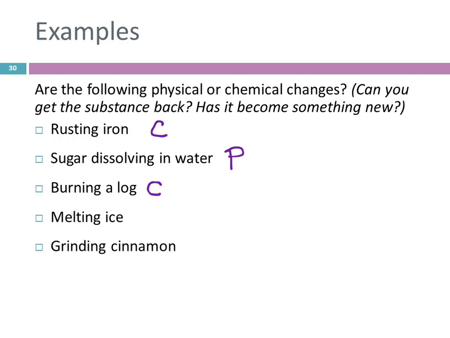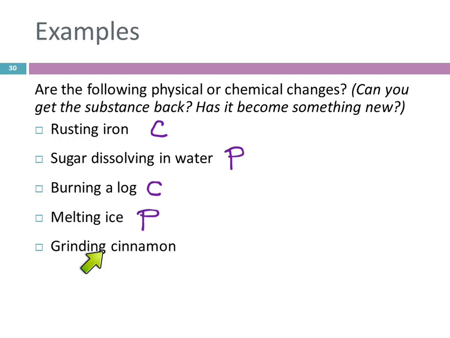You're combusting it, you see light and heat energy coming out, that's evidence of a chemical change, and also what's left is very different than what you had before. How about melting ice? Physical. Anytime you see the name of a state change, melting, boiling, freezing, things like that, it's going to be a physical change. Because if you melt the ice, you could put it in the freezer and freeze it again and get the ice back, right?